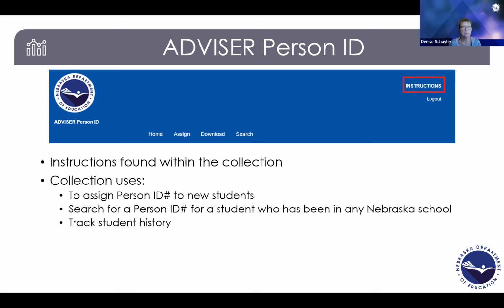So say you have a PK kiddo or maybe a student transferring in from out of state, you would need to assign them their Nebraska state ID number. You can search for a person ID for a student who's been in any Nebraska school, again, public, non-public, special purpose. And you can track his student history in the student person ID collection.